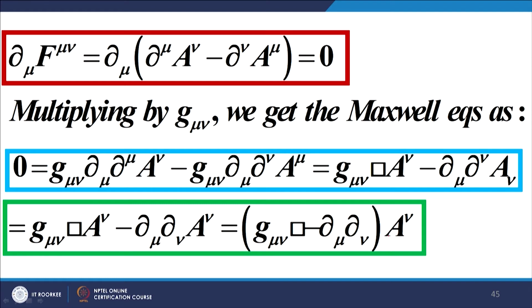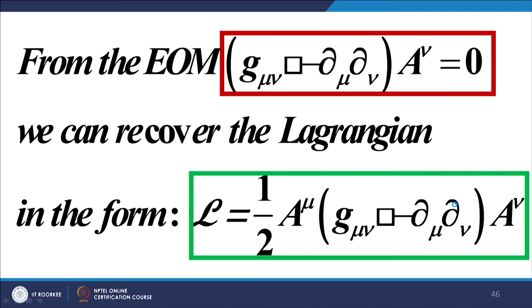Simply some algebraic simplifications and manipulations of indices, nothing more here. Now, from this set of Maxwell equations from the previous slide, we can recover the Lagrangian in the form given in the green box at the bottom of the slide.